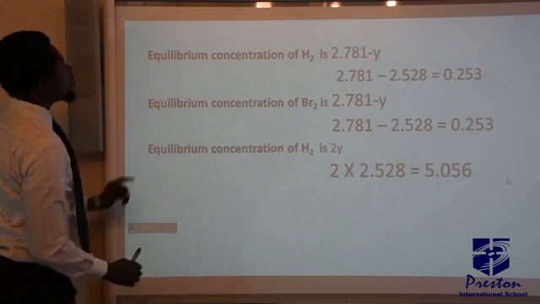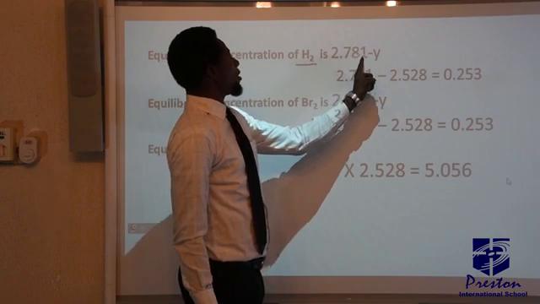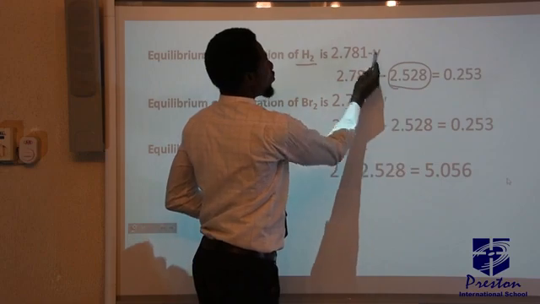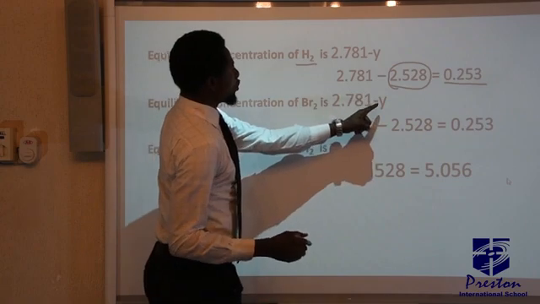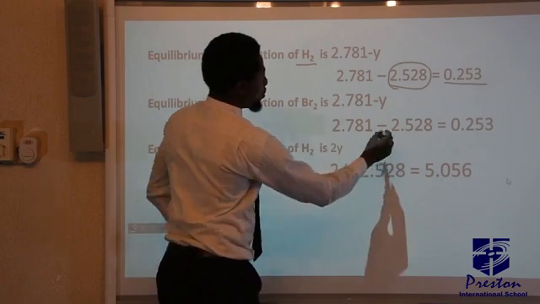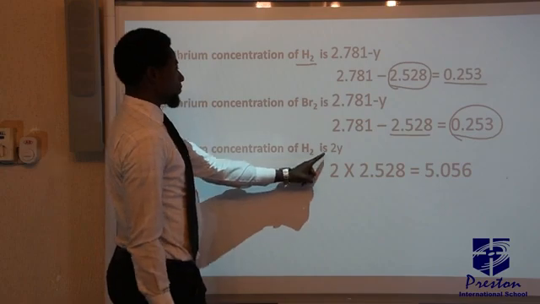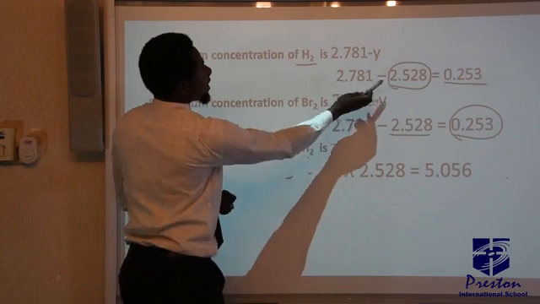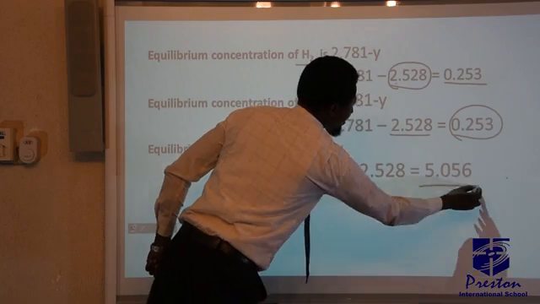So for H2, that is 2.781 minus y, then our y is this. If you put y, it will give you the final answer there. For Br2, you put y equals 2.528, as we have gotten that in the previous step. Then our final answer will be this. Then for HBr, don't forget on the ICE table it is 2y. So that will be 2 times our y, which is 2.528. Then you put y to be 2.528 and it will give you a final answer.